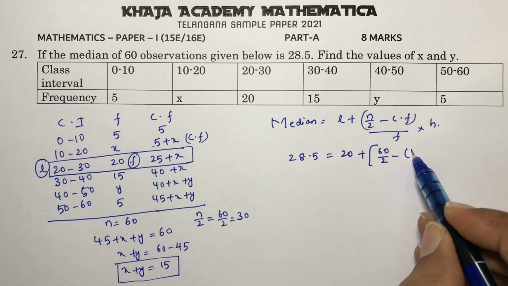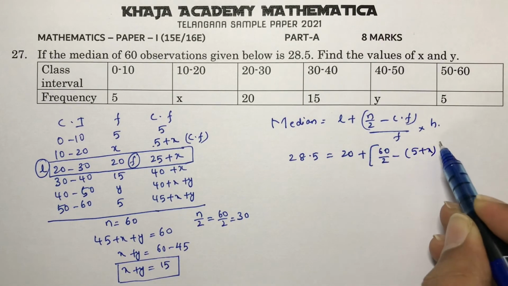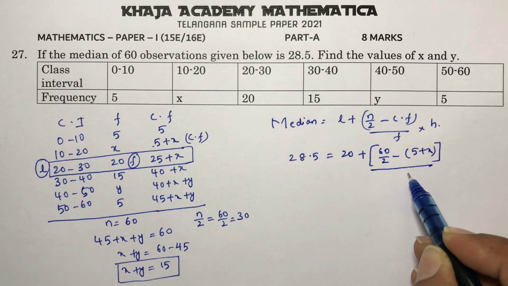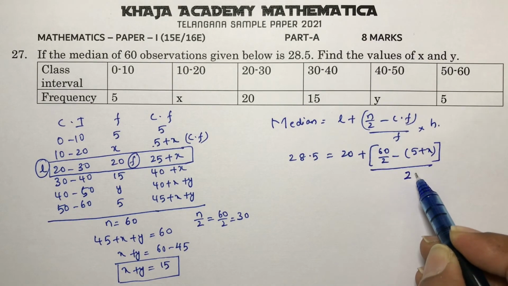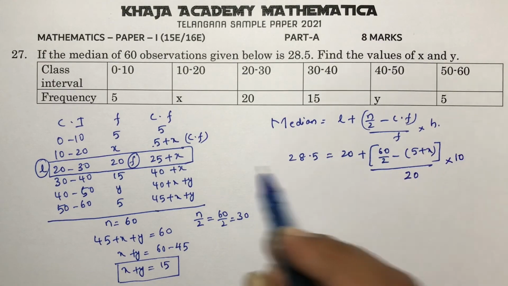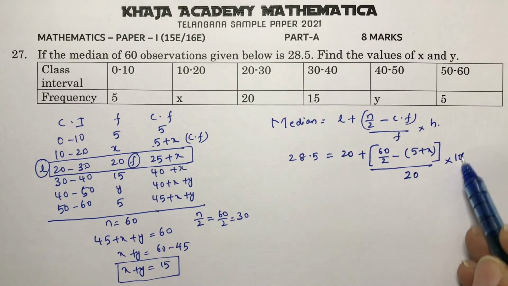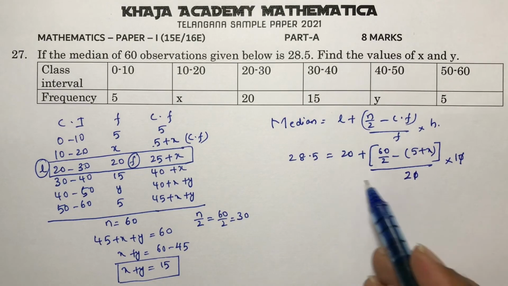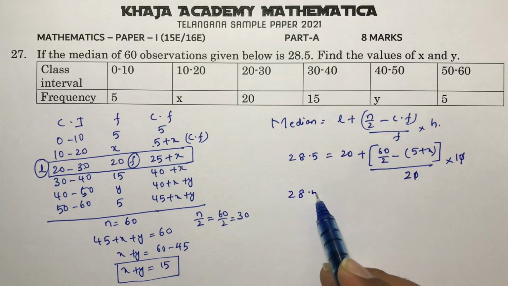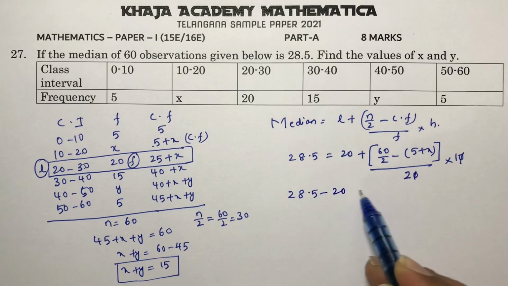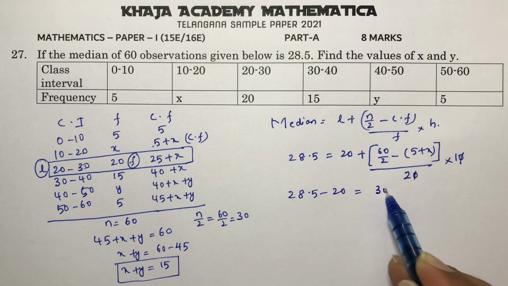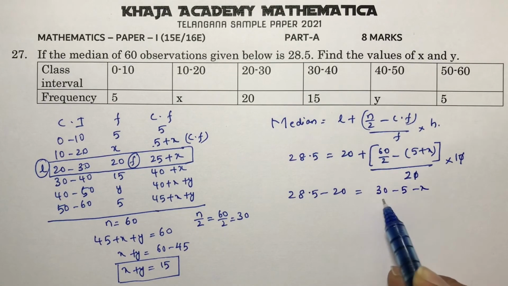CF is 5 plus x, by small f. Small f is 20 and h is 10. Class size: 20 minus 10, 30 minus 20, class size is 10. 0, 0 cancel. Now 28.5 transposing, minus 20 equals 30 minus 5 minus x.